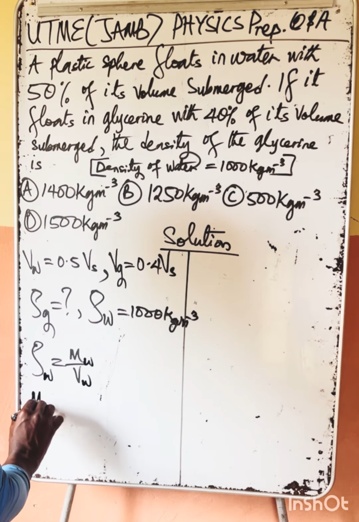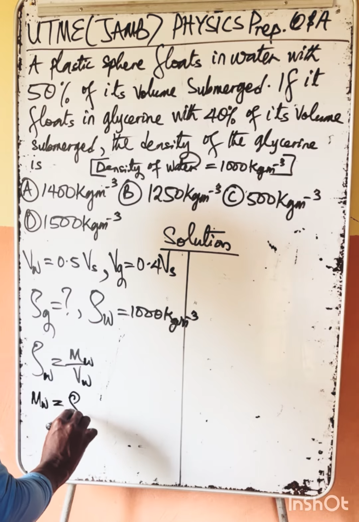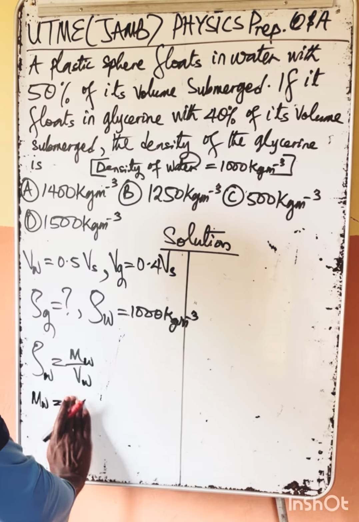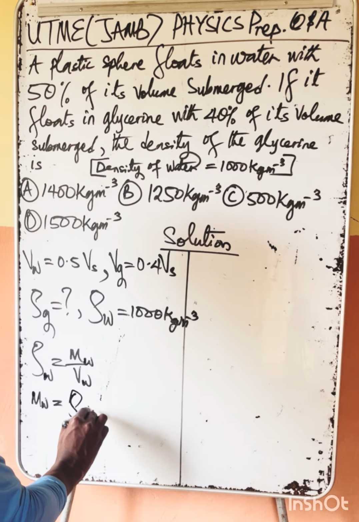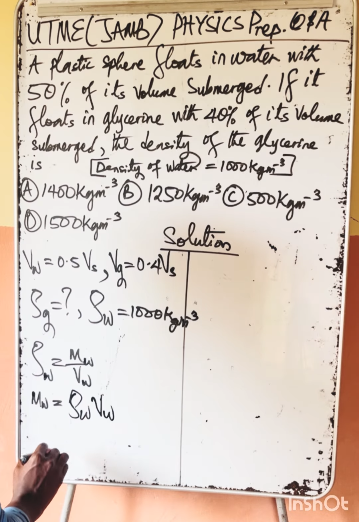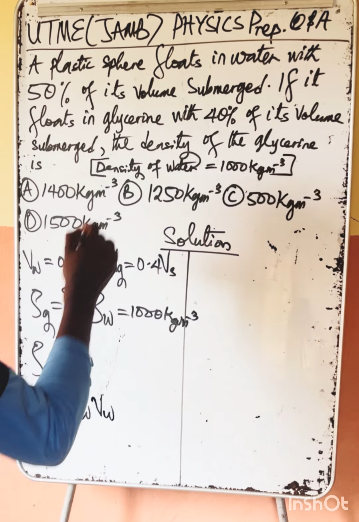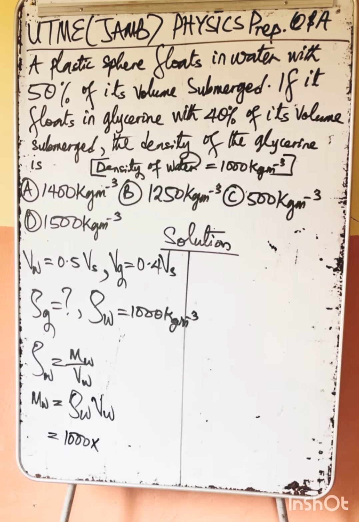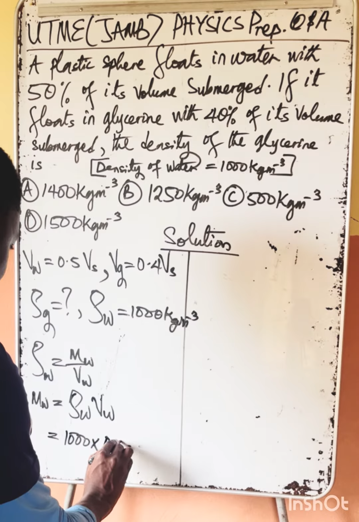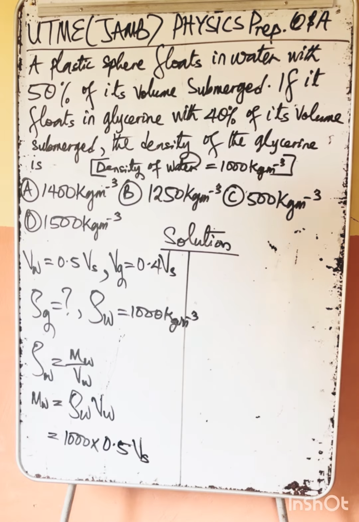So Mw, if we make Mw the subject, will be rho w times Vw, all right? So rho w, according to the question, is 1,000 times Vw, which is 0.5 Vs. So all of this would give us 50 Vs. This is the mass of the water, okay?